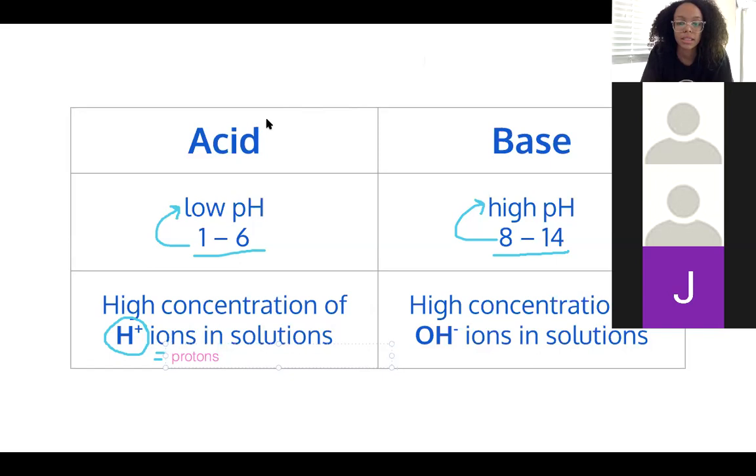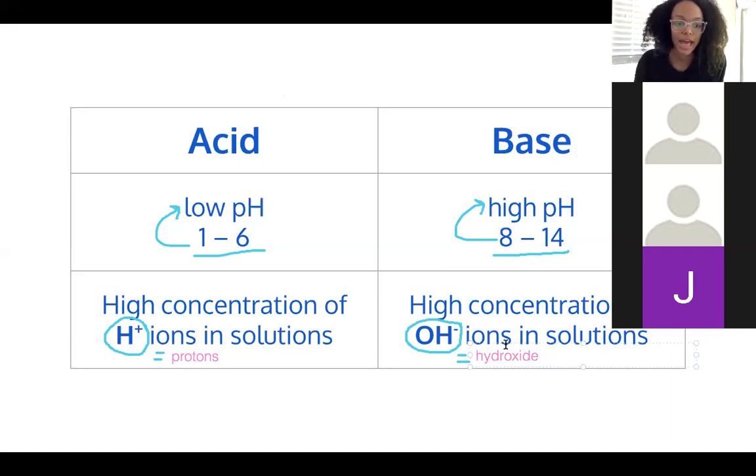On the other hand, a base will be a solution full of OH-. And that OH- ion is called hydroxide. If I say hydroxide, that's what I'm talking about, all right?